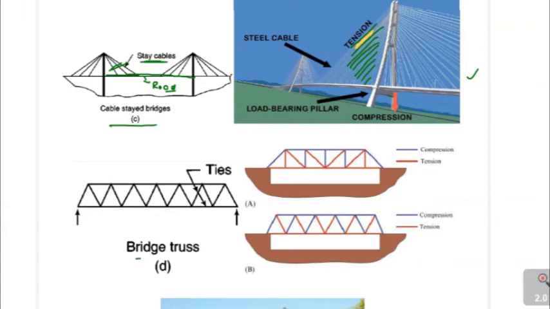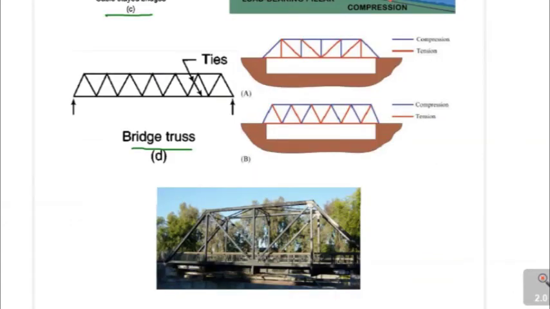And you can see here the next example is a bridge truss, and in this bridge truss, these tie members generally experience compressional forces and tensile forces depending upon the location of loading on this bridge. For example, in this image 1, this is a bridge joining point 1 and point 2.